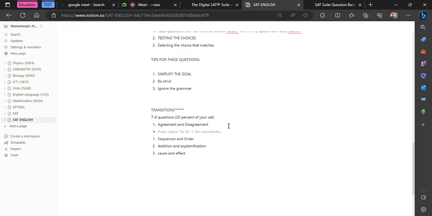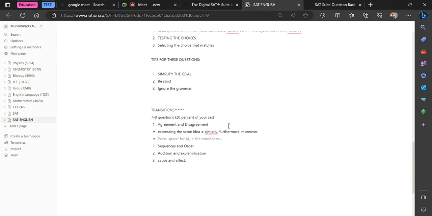So the agreement and disagreement questions, if the 2 sentences are going to be expressing the same ideas, then we may want to use an agreement transition, like for instance we can use similarly, furthermore, moreover. So these are the type of transitions that are going to be utilized when you're going on with the agreement questions.